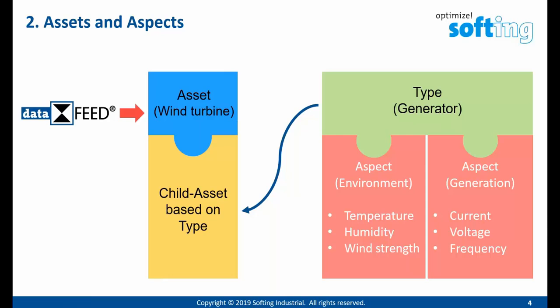Unfortunately, I can't do this directly, so I have to create a so-called child asset which is based on the type generator. This sounds very theoretical. I will show you later on how this is done in the practical part.